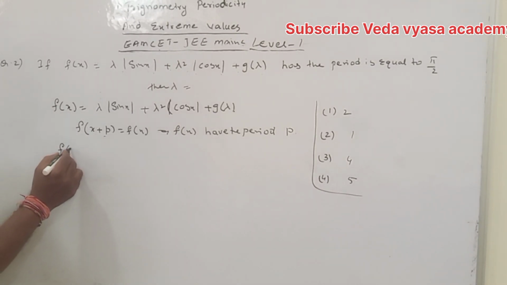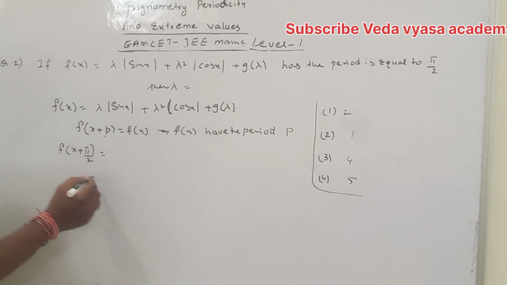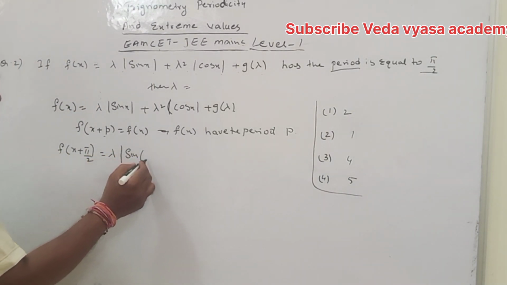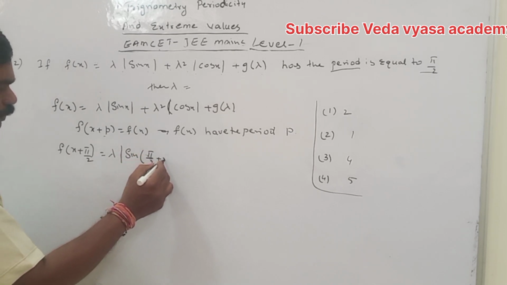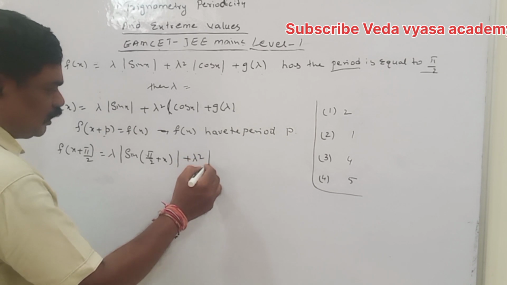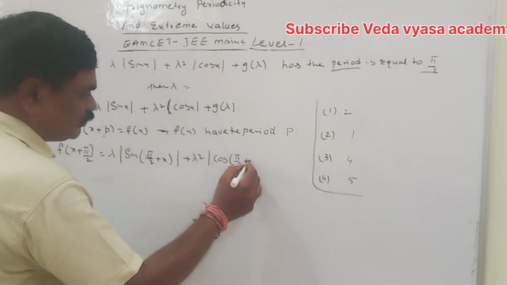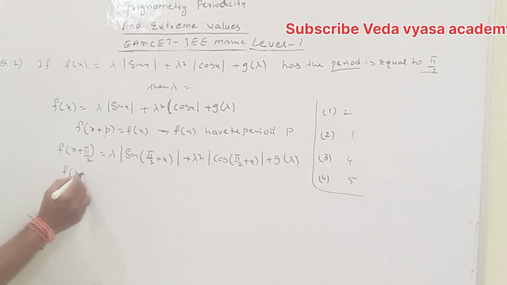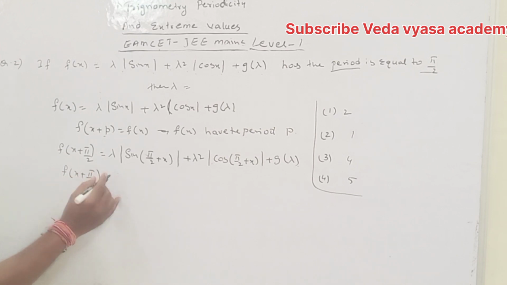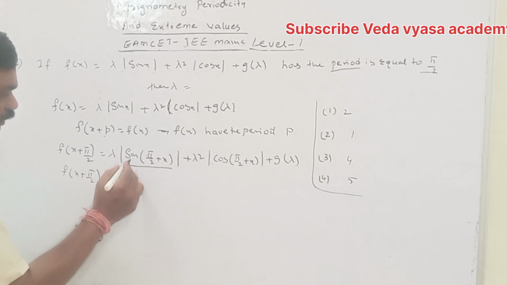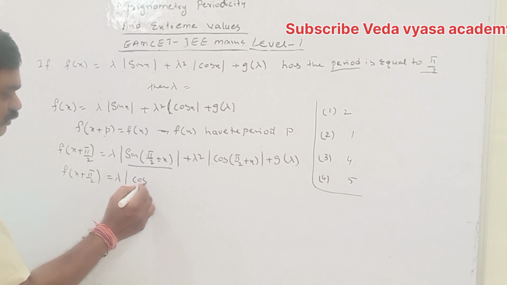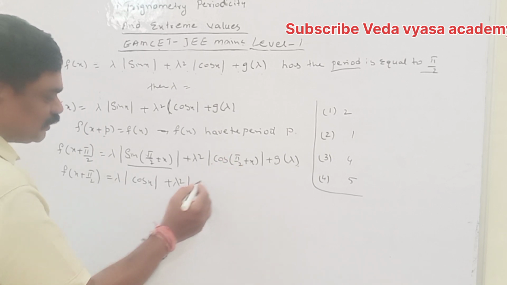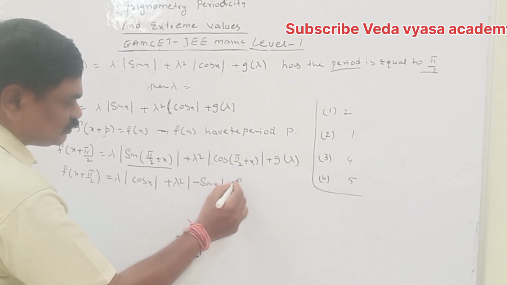So here f(x + pi by 2), because given the period is pi by 2, equals λ|sin(pi by 2 + x)| + λ²|cos(pi by 2 + x)| + g(λ). Here sin of pi by 2 plus x is cos x, and cos of pi by 2 plus x is minus sin x.